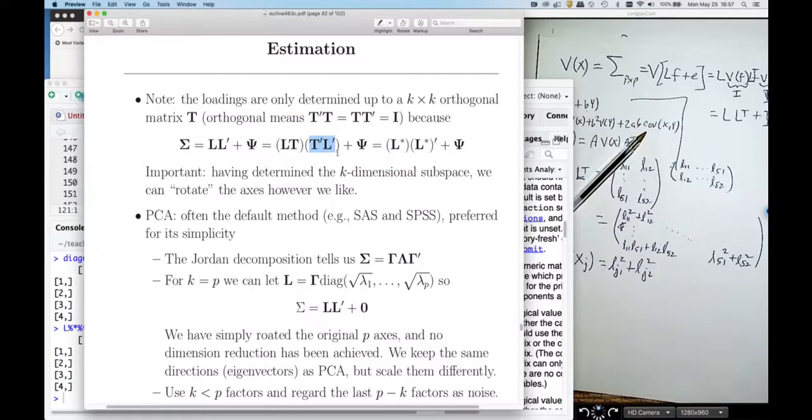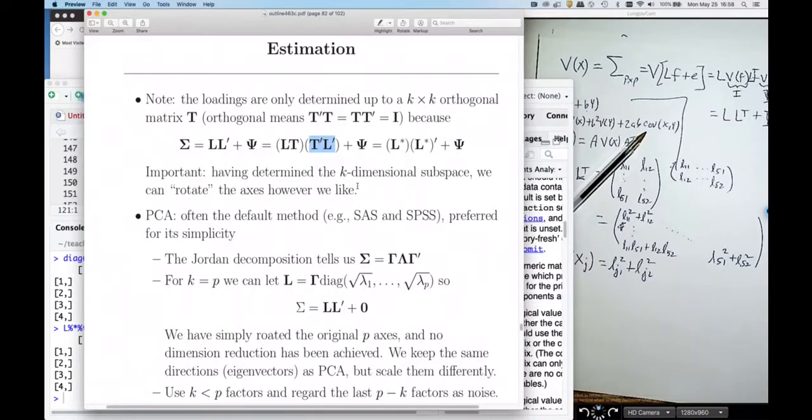So we have a terrible indeterminacy problem in that once I determine these loadings, I can rotate them an infinite number of ways, and it would appear like I have an infinite number of solutions to this problem. So what you want to think about is we're going to first determine this k-dimensional subspace that describes the x's, and then we're going to pick a way to parameterize it in terms of what rotation we want to use.